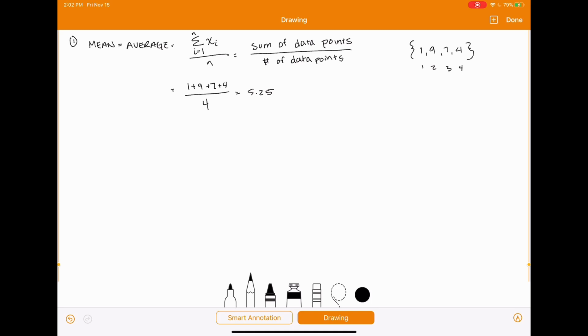All right, so let's go ahead now and look at the median of a data set. That's also known as the middle number.